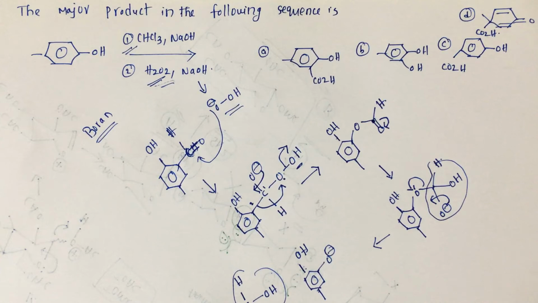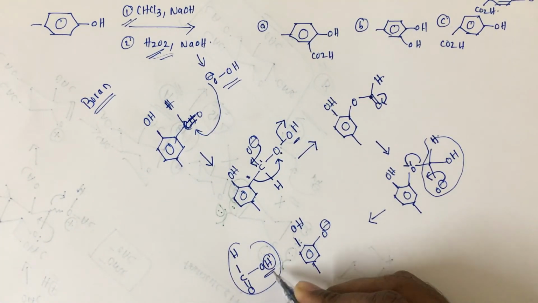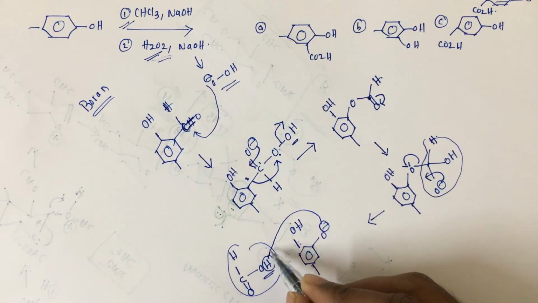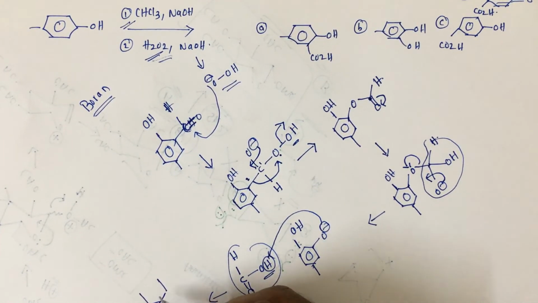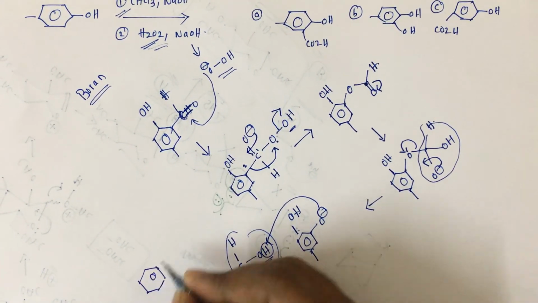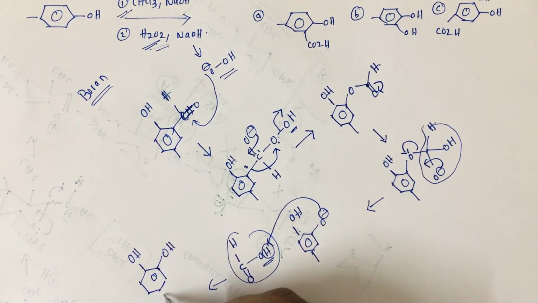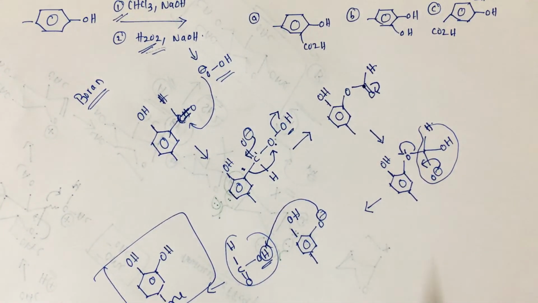Now this is the O minus. This hydroxyl hydrogen is very acidic, as we know, so this hydrogen will be abstracted by this negative charge. The final product we will get is here, this is OH, and this is also OH, and this is the methyl group. So this is the final product we'll get.